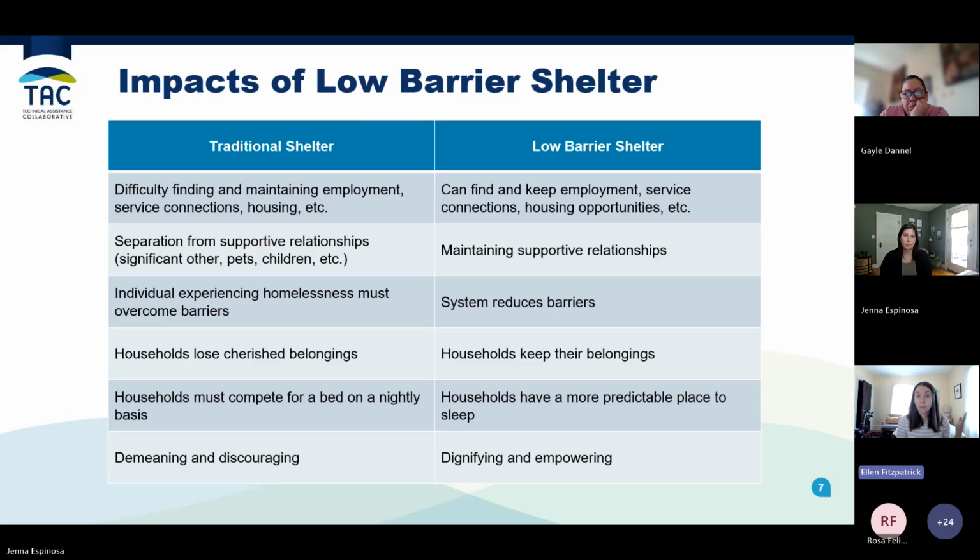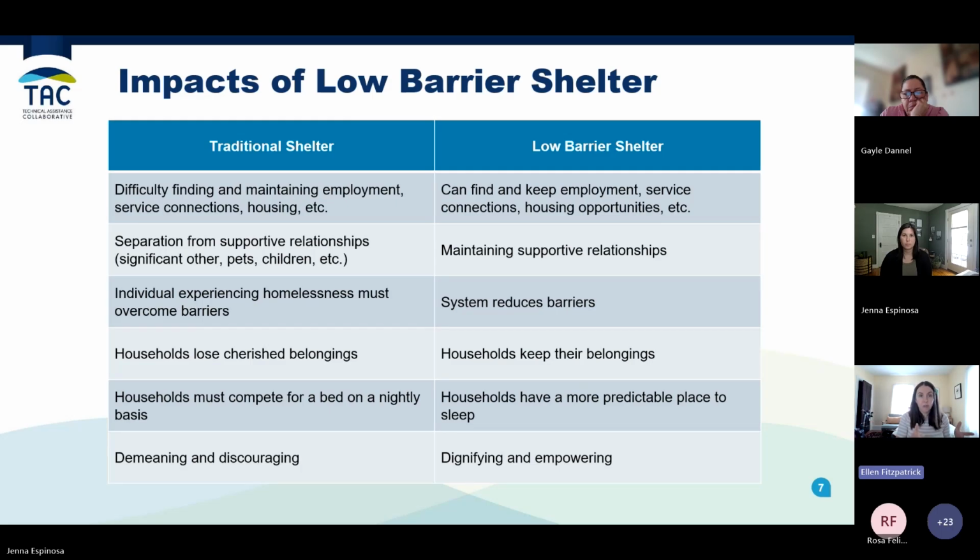So in a more traditional shelter setting, when we hear that word, we're probably thinking of group sleeping spaces, maybe big rooms with multiple bunk beds. That is not necessarily conducive to people being able to stay with their spouses or significant others, with children, especially older children, right?